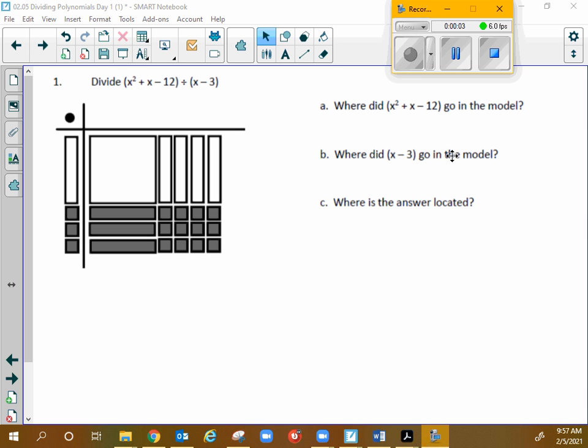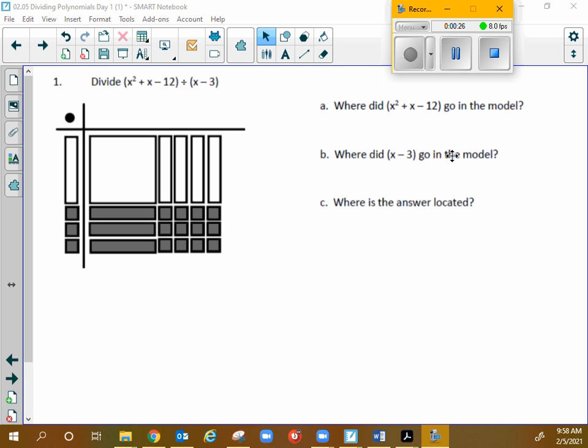First model's already filled out for us. Looking at our model, y'all need to put phones away. Where did x squared plus x minus 12 go in the model? There's nothing on the top. Inside, in the center.